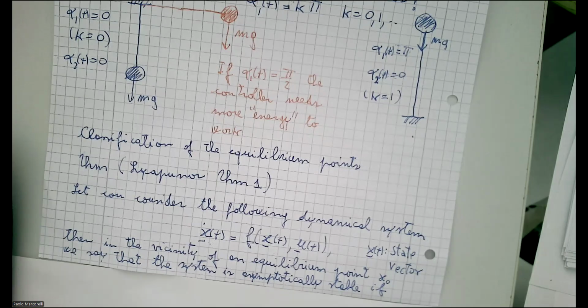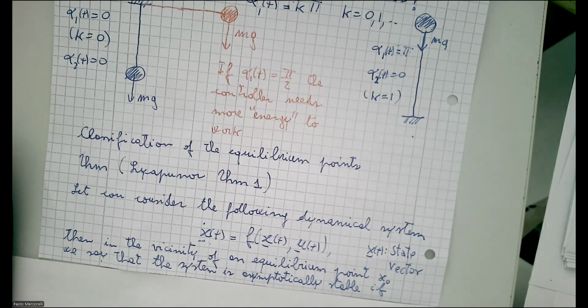I have a dynamical system, just one. This is the general form which I already told you. x is a vector, the derivative of the vector is equal to f. Why am I now considering f and not the matrices A, B, C, D, as I told you?